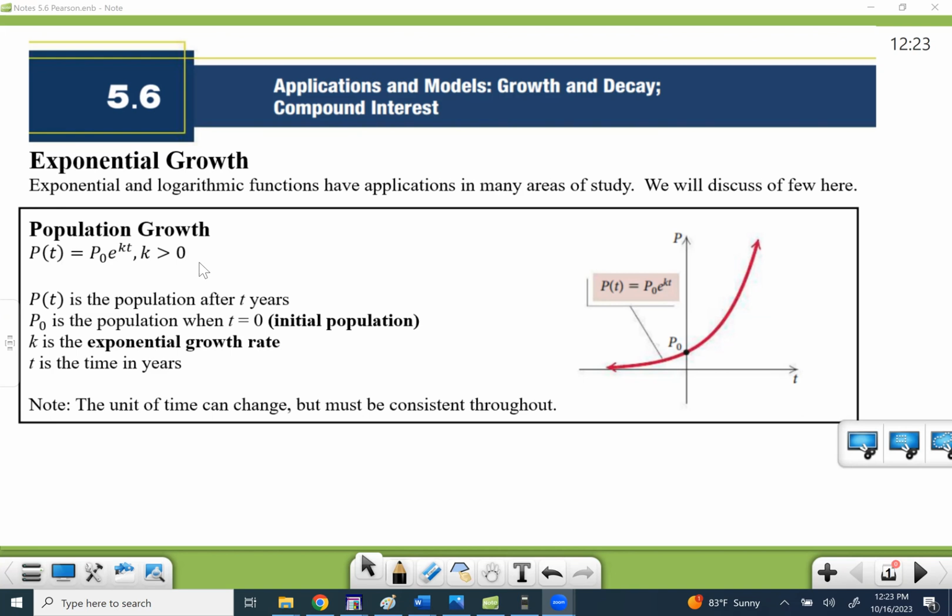It's all over the place. Lots of different areas have exponentials, even down to forensics. The cooling body problem. So Newton's law of cooling, which uses exponentials, also helps us figure out how long ago a person has passed away based off the temperature of their body when found, and the surrounding temperature as well.